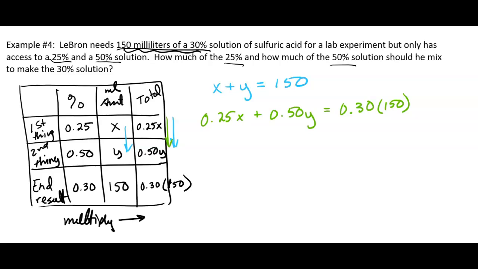All right, so now I'm going to do a few things. First of all, I'm going to multiply this part right here. So it's going to be 0.25x plus 0.50y equals, and then what is that? I think it's 50, but let me double check.